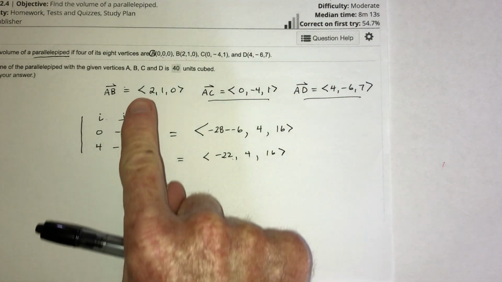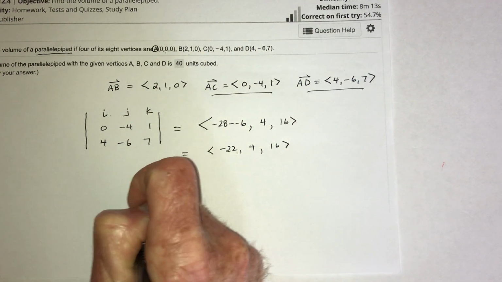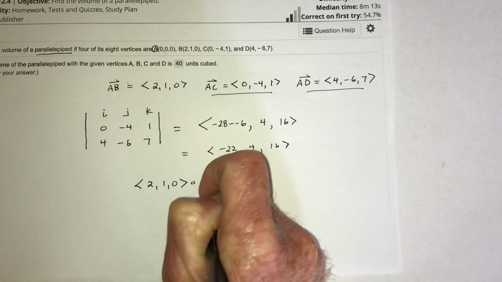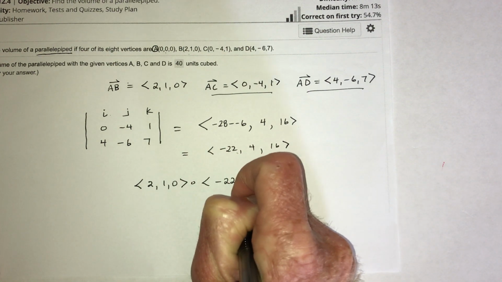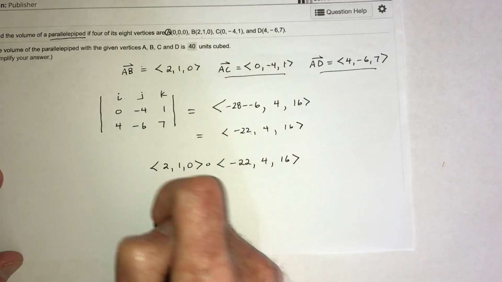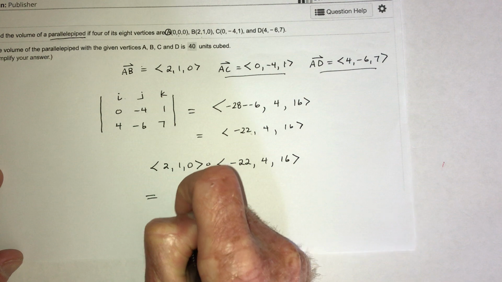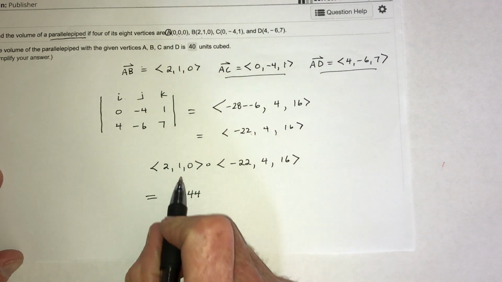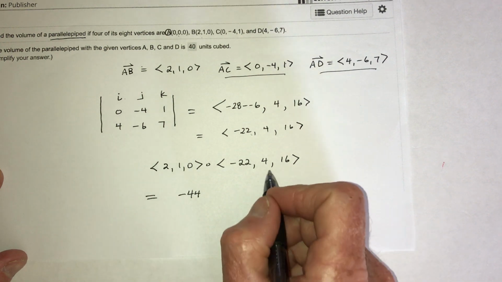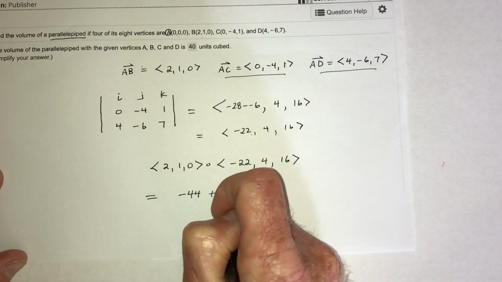So now just take the dot product of this one and this one. So the dot product of 2, 1, 0 and negative 22, 4, 16. So 2 times negative 22, that's negative 44. A 1 times 4, so 1 times 4 is 4.